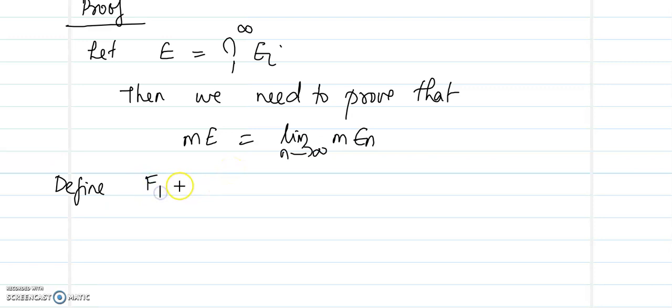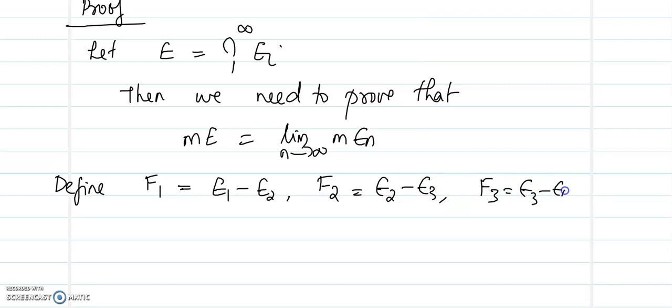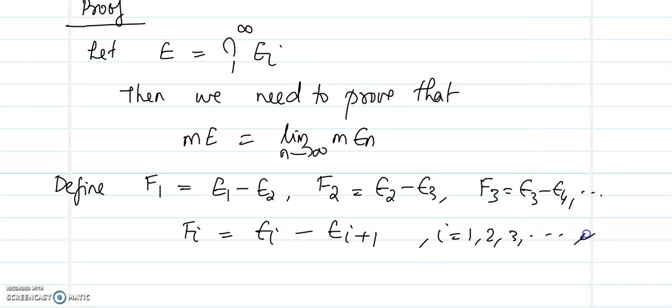Let me define F_1 to be E_1 minus E_2, F_2 as E_2 minus E_3, F_3 as E_3 minus E_4, and so on. So in general, F_i will be equal to E_i minus E_{i+1}, for i equal to 1 up to infinity. Now our sets will look like this.